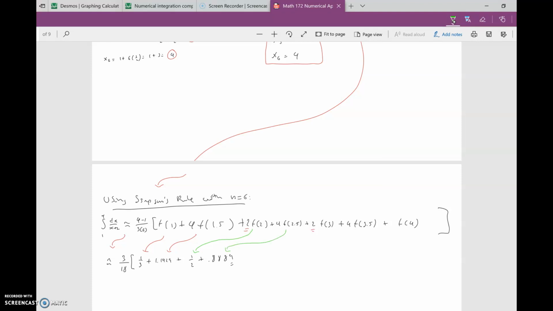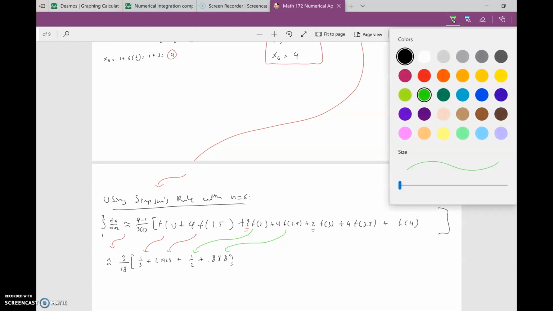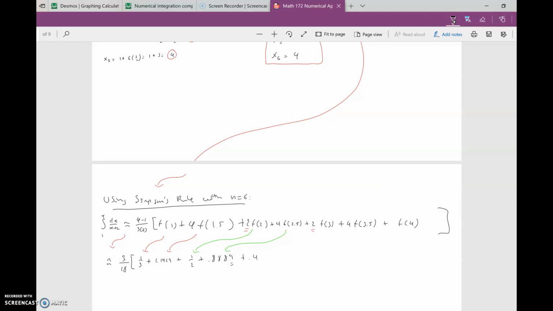And then the next one's going to be 2 times f of 3, which is going to be 0.4. So plus 0.4. Plus 4 times f of 3.5. I mean add 3.5.